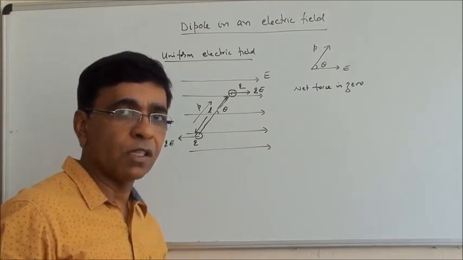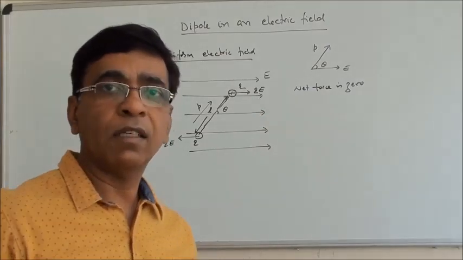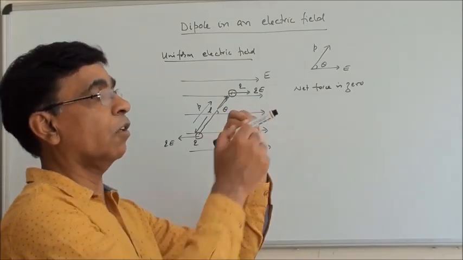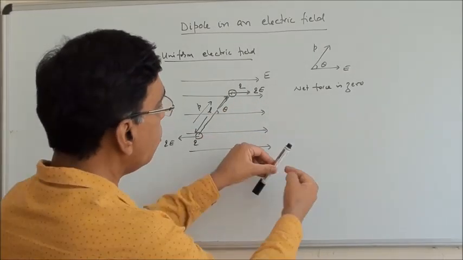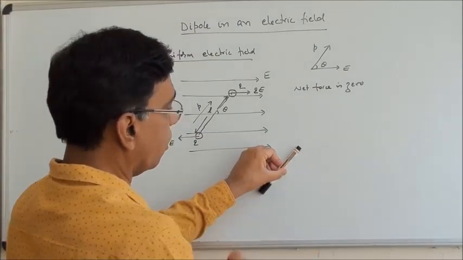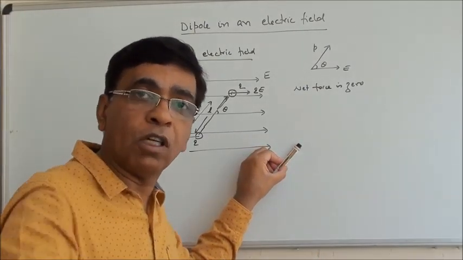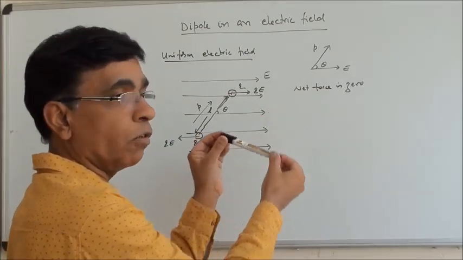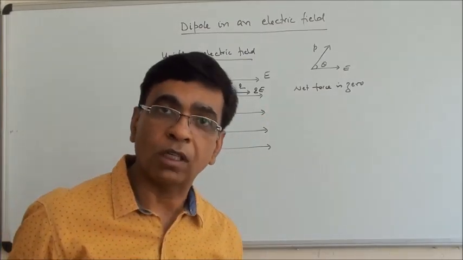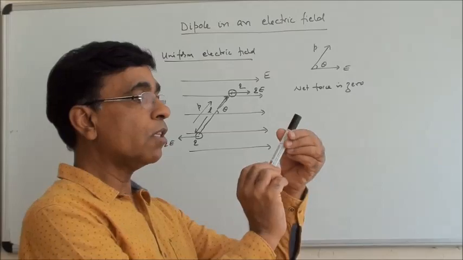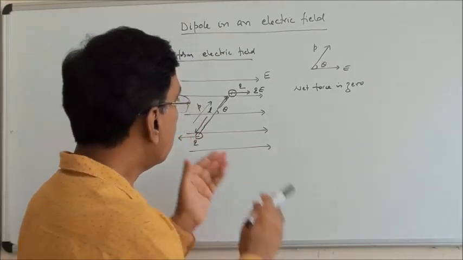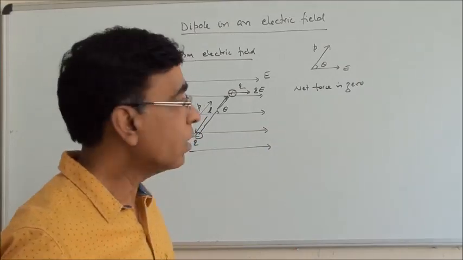If the two forces were along the same line, they would exactly cancel out. But whenever two forces are equal in magnitude but not along the same line, they cause rotation of the body. They constitute a torque. So this dipole will rotate and will try to align along the electric field.